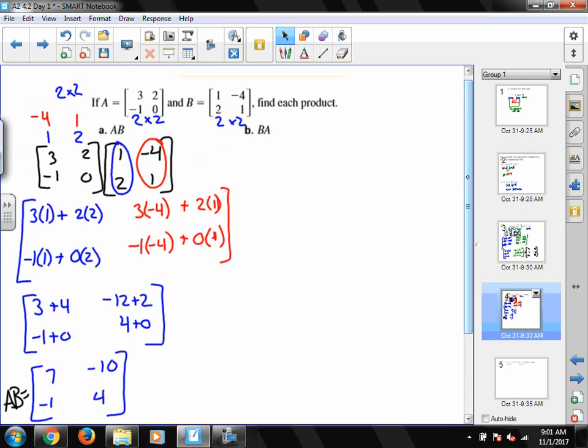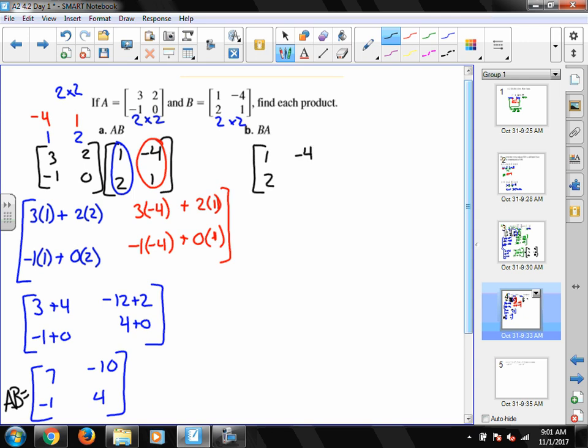Now, we're going to look at B times A. So same problem, same idea, same concepts, but now instead we're going to look at 1, 2, negative 4, 1 times 3, negative 1, 2, and 0.